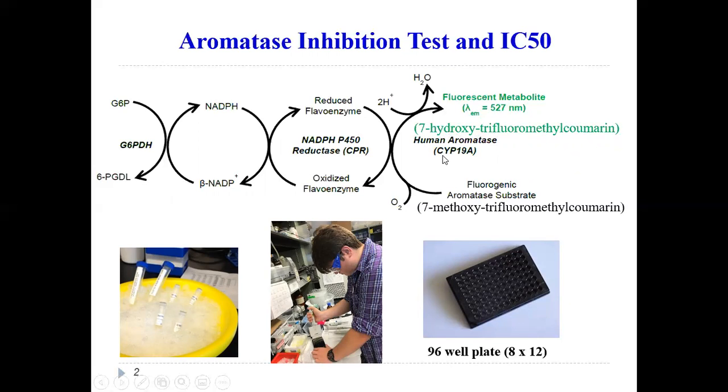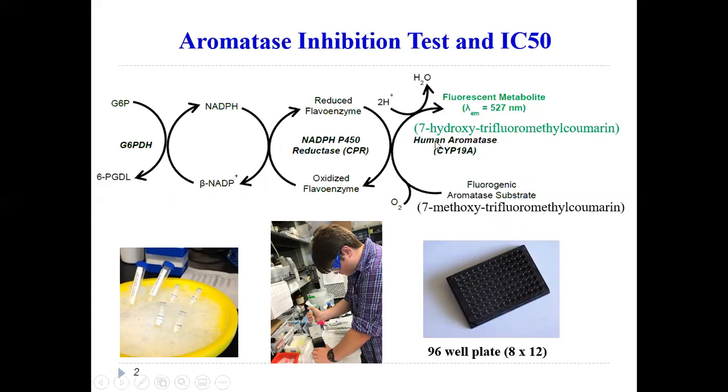So it's hydrolyzed, and what that does is change this substrate from something that doesn't fluoresce into something that does. That allows us to tell how well this inhibitor works, because if more of the fluorescent compound is created, it is not inhibiting this enzyme that well.